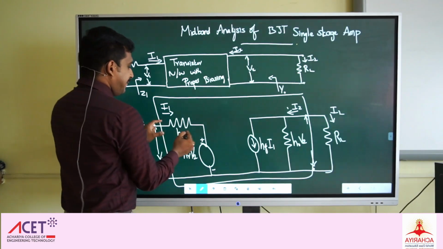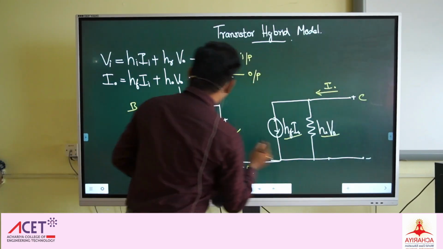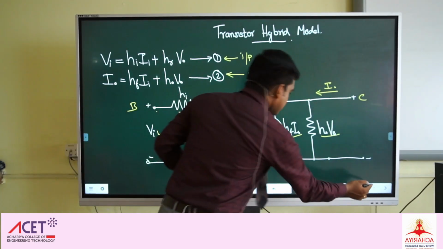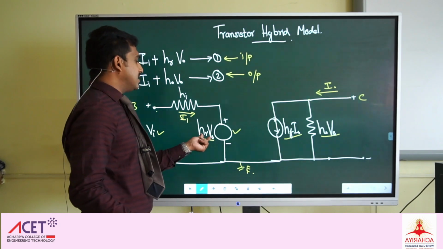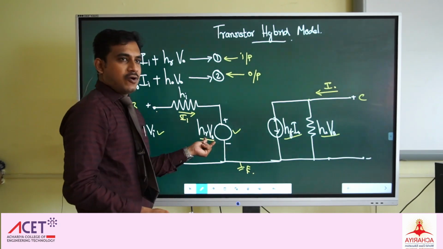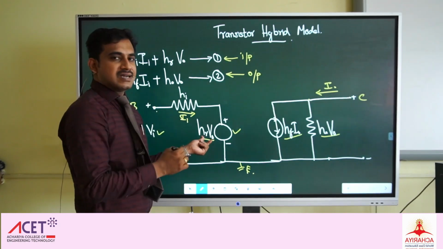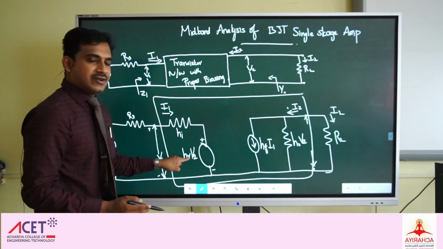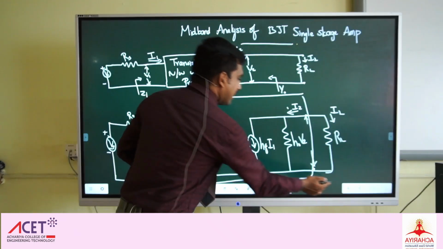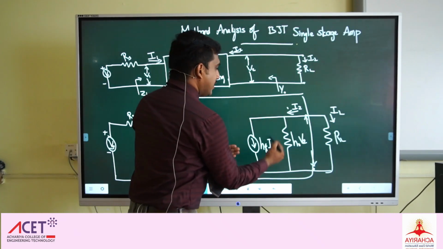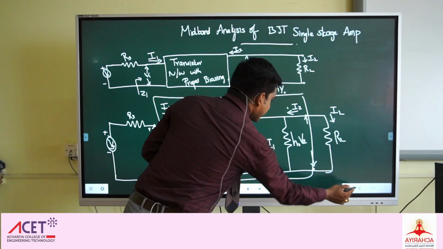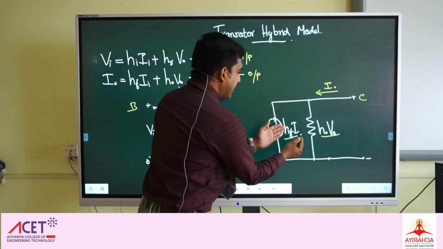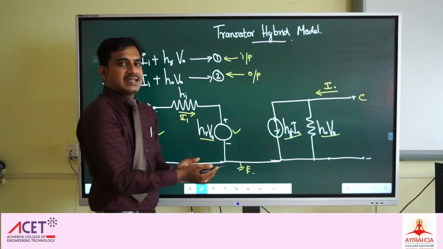See, Hi, Hr V2. There we considered the output voltage as V naught, but here, instead of V naught, we take it as V2. Similarly, on the output side, Hf I1 and H naught V2. In the previous section we had Hf I naught; instead of I naught, we are considering it as I2.